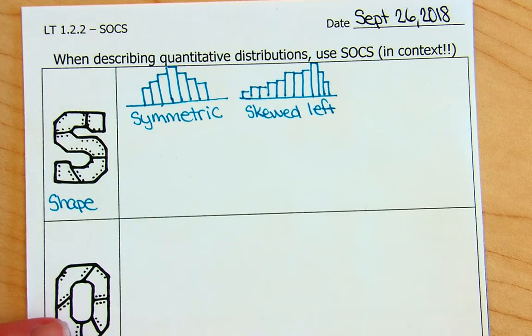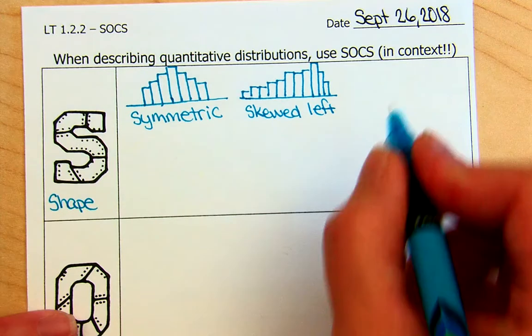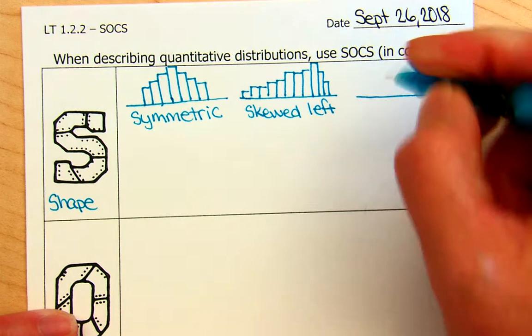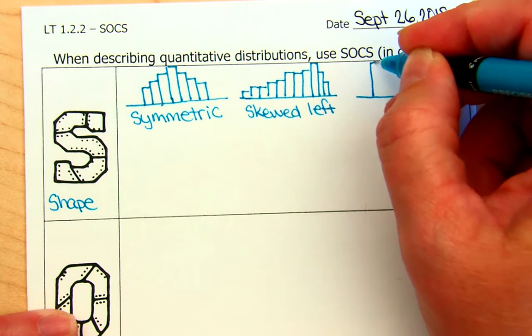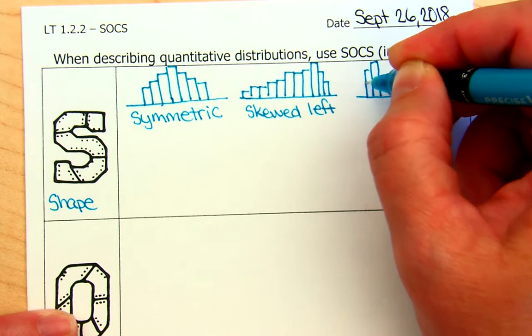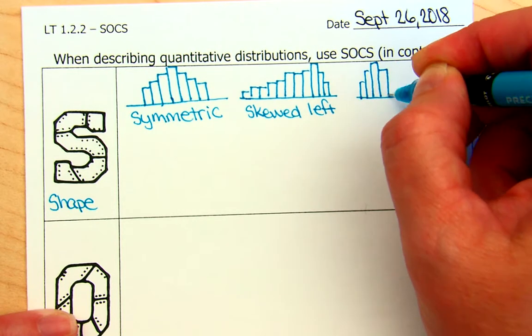So what do you think our next one's going to be? You are correct. So this one's going to be taller on the right and skewed to the left.